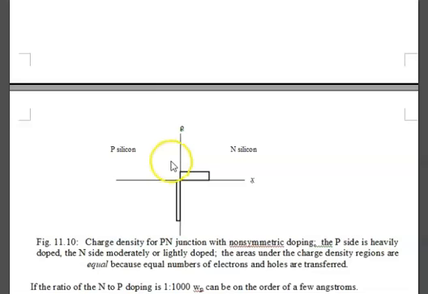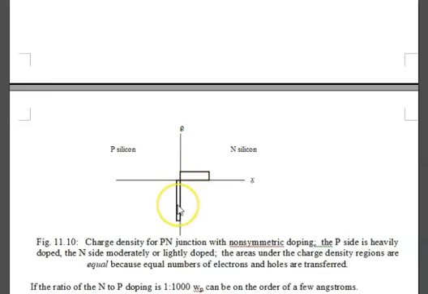And we see that from this figure right here, which shows the charge density. This would be heavily doped on the P side, lightly doped on the N side. The areas under these two curves, however, are exactly the same.